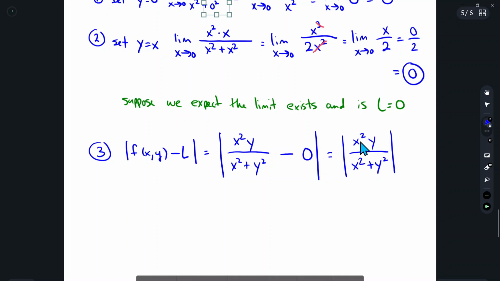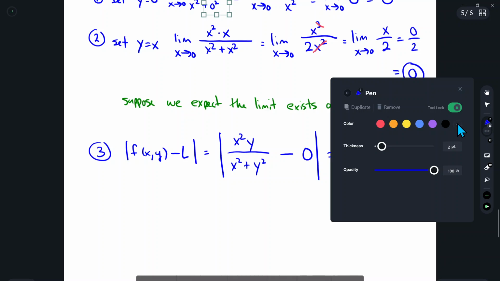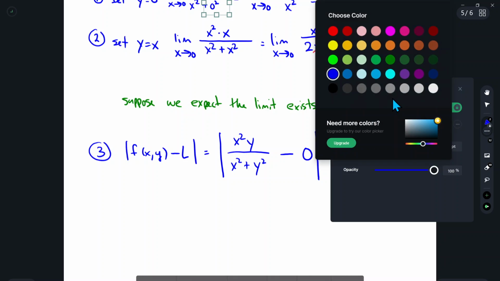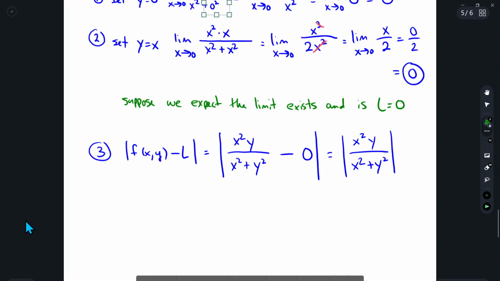Here, the powers of x on the top and the bottom are matched, right? If I can somehow get rid of the y squared term here, then that'll allow me to cancel out the x squared on the top and the bottom, and then all that'll be left is just the y by itself, which is much simpler, right? That's the strategy that we're going for. So if we can get rid of the y squared, that'll simplify this expression.